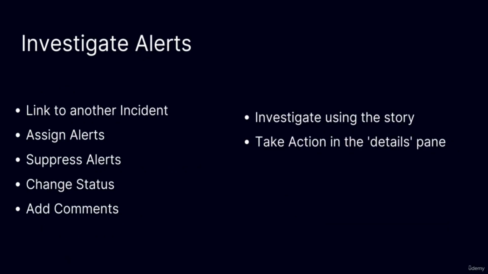So, when you are investigating these alerts, there are several things that can be done. Make sure that you are investigating the alert using, quote unquote, the story. What that really means is that in the dashboard, you actually see correlated alerts and what is taking place in the mailbox, the user's identity, and so forth.